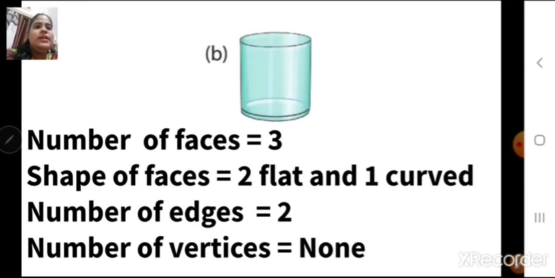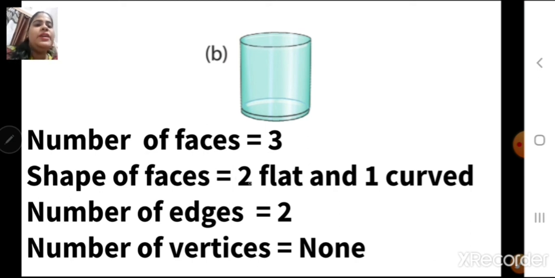Next one is a glass, okay, a beaker. It looks like a cylinder in shape, right? So number of faces, how many faces are there? There are 3 faces, correct? One flat surface, the bottom one, then the curved surface, and the upper one, one more flat surface. So there are 3 faces.